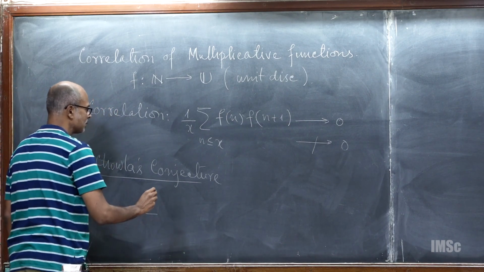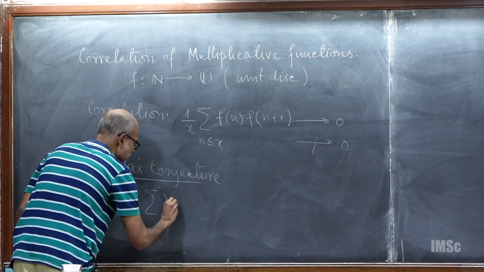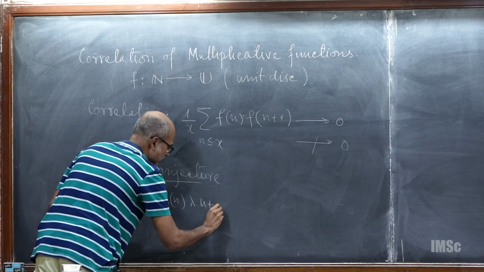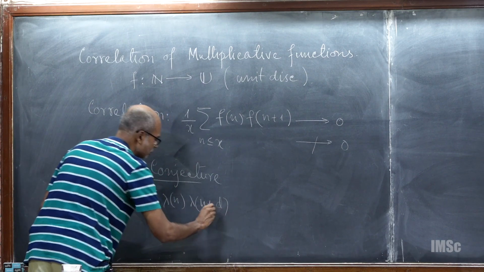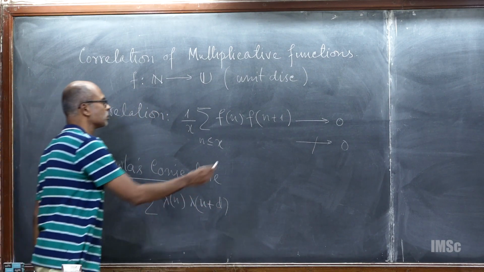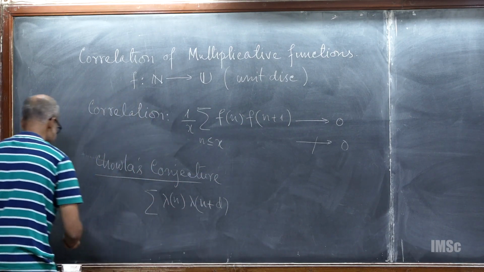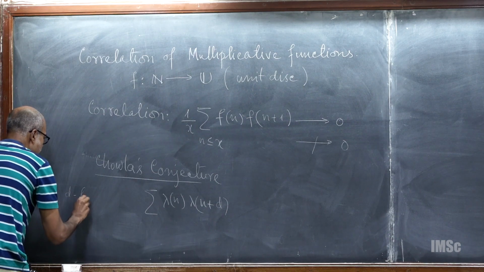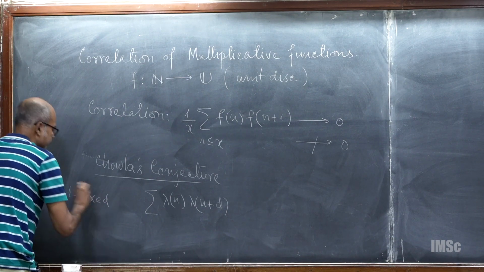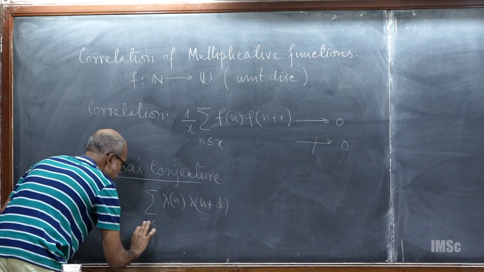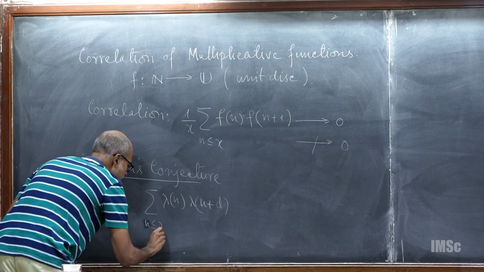Your multiplicative function is the Liouville function, lambda of n times lambda of n plus d. You can actually ask for any fixed d; you don't have to always put 1. So d is a fixed positive integer, and the sum is over n less than or equal to x.